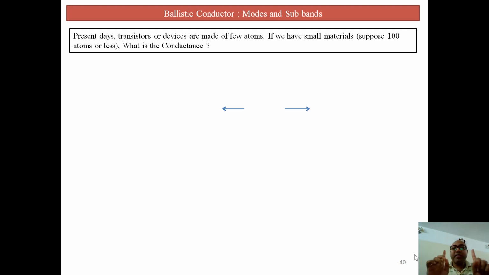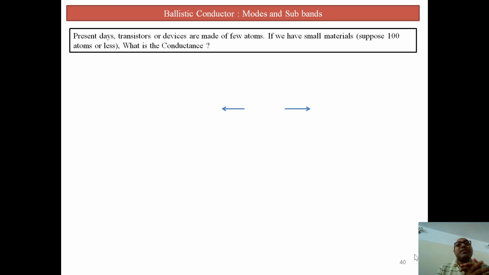Ballistic means you have a small conductor, you have applied a voltage, and the electron is flowing from one point to another without any disturbance. They are not suffering any scattering at all. It's just like a bullet shooting from one point to another. If it is a small conductor, the probability of having a ballistic conductor is high.